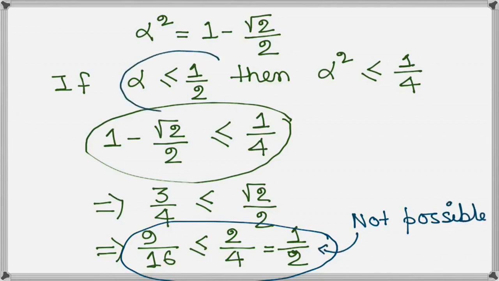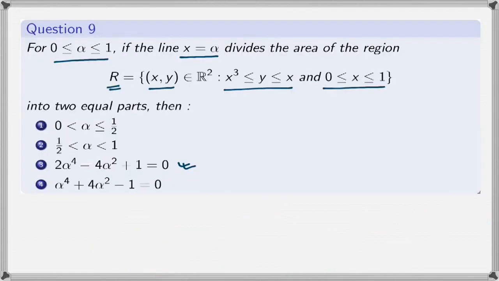Therefore, alpha cannot be less than or equal to half. Hence, the option 1 is not correct, and so therefore option 2 has to be correct. So now only we have the option 4 to check. We can see that here the option 4 is a quadratic equation in alpha square.